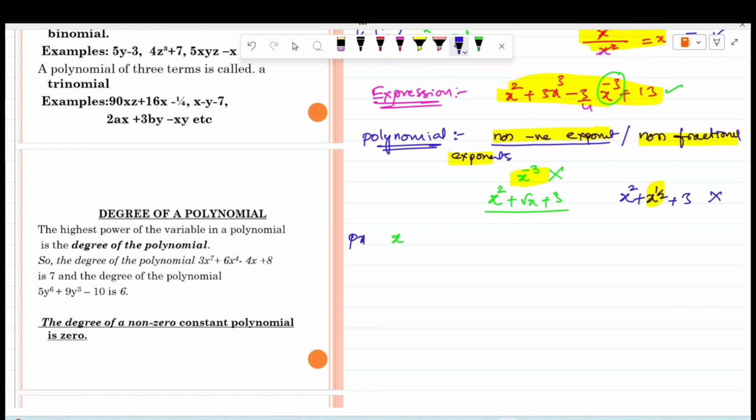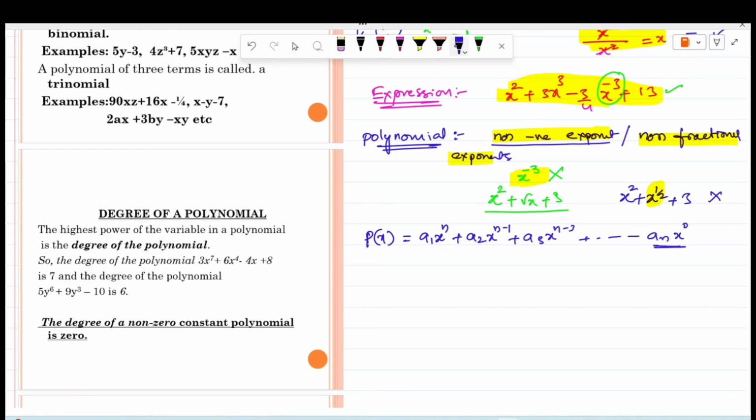Let p of x be a polynomial. We can write it as a1 x power n plus a2 x power n minus 1 plus a3 x power n minus 3 and so on, at last an x power n minus n, meaning 0.